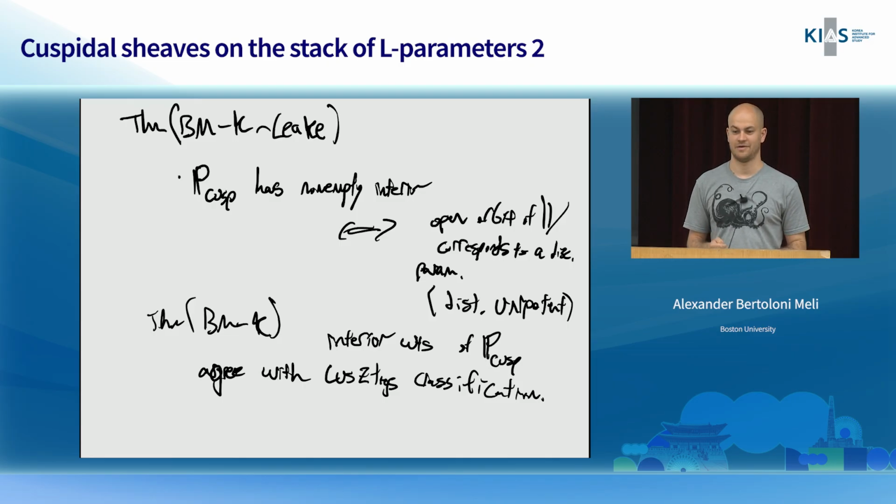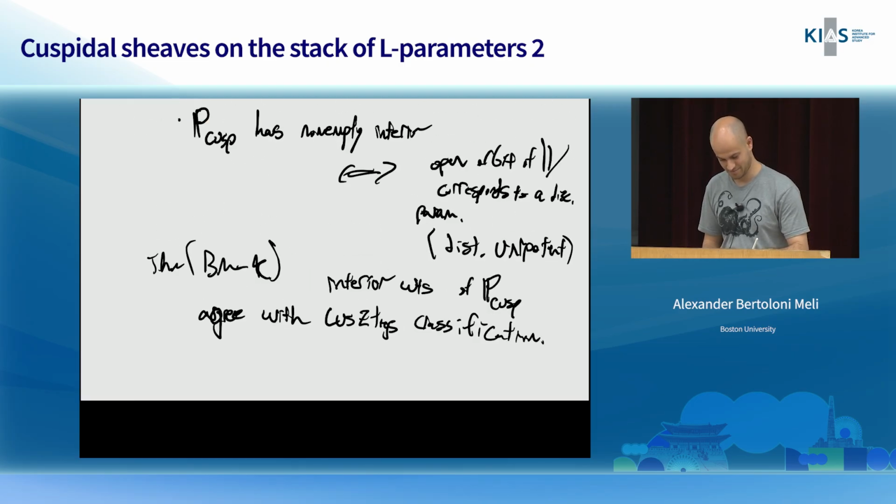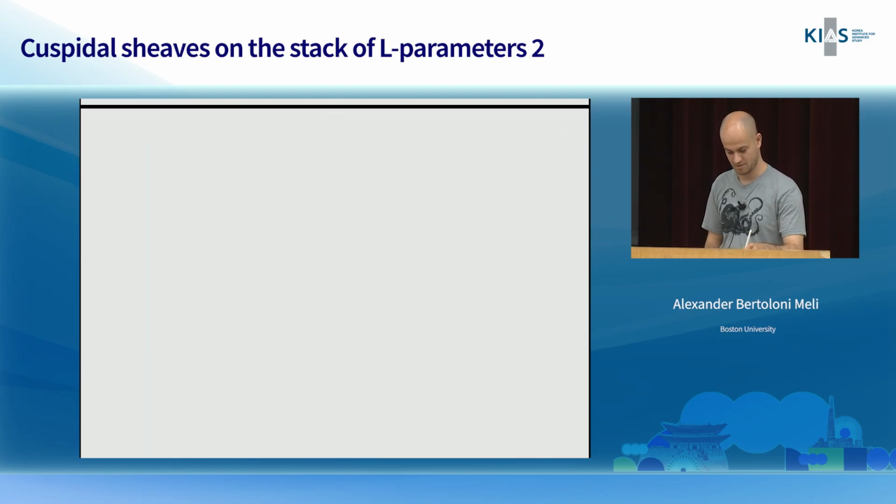And if you haven't seen this classification before, it's a super crazy thing. Triangular numbers show up, square numbers show up. So we were a bit excited when we saw this.